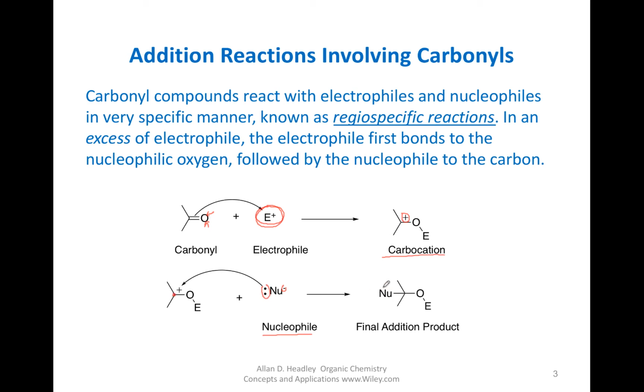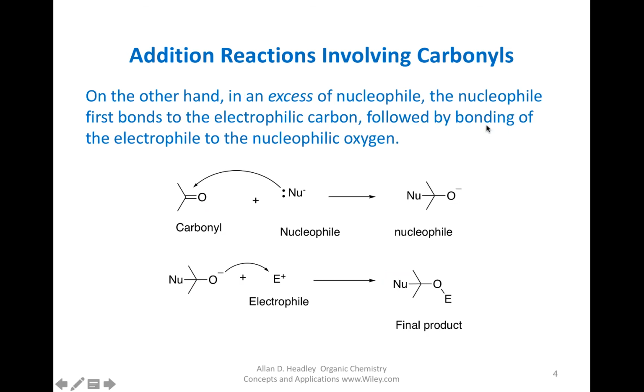So this will be the addition type product. We say it's regiospecific because the electrophile adds to a specific region of the carbonyl functionality, and the nucleophile adds to a specific region. So therefore, these type reactions are called regiospecific reactions.